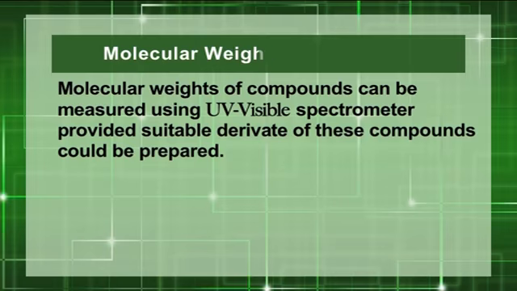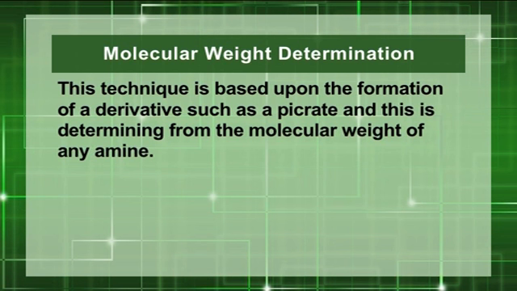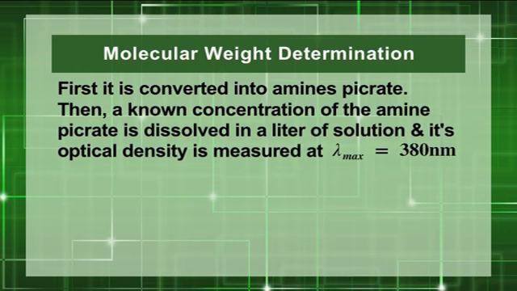Coming to molecular weight determination. Molecular weights of compounds can be measured using a UV visible spectrometer, provided a suitable derivative of these compounds can be prepared. This technique is based upon the formation of a derivative such as picrate, and this determines the molecular weight of any amine.